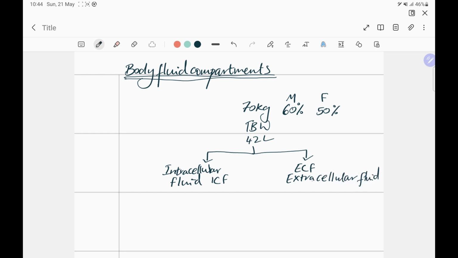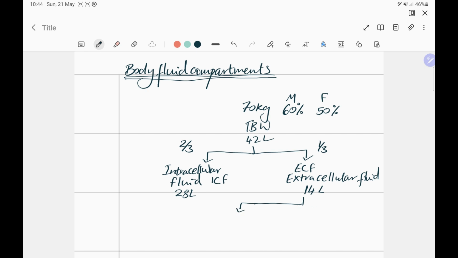Now, if you see the intracellular fluid compartment, this is made up of 2/3 of your total body water. So that comes to around 28 liters. Okay, and your ECF is 1/3 of your total body water. That comes to around 14 liters. Now, when we look at the extracellular fluid compartment, there are again further divisions over here.